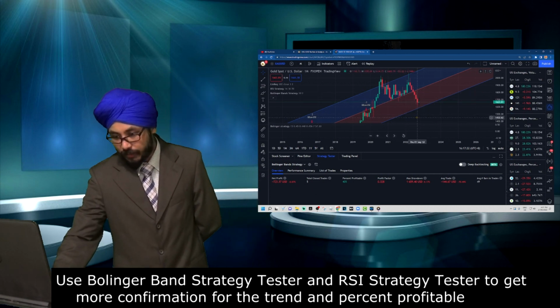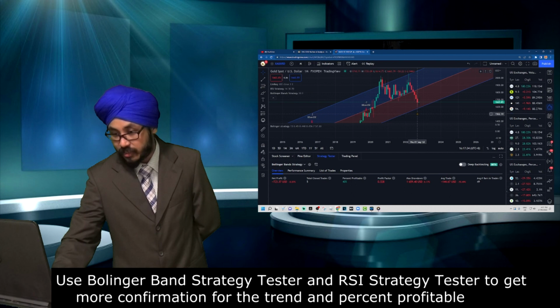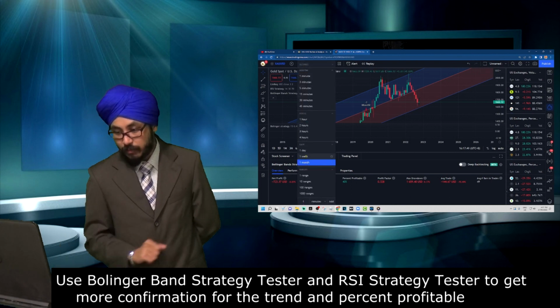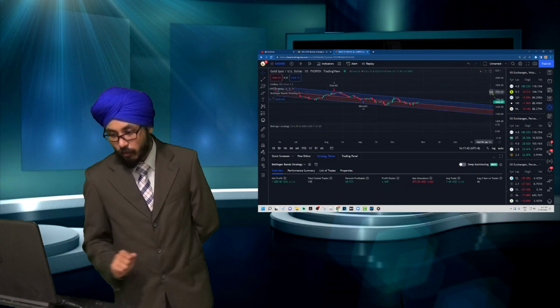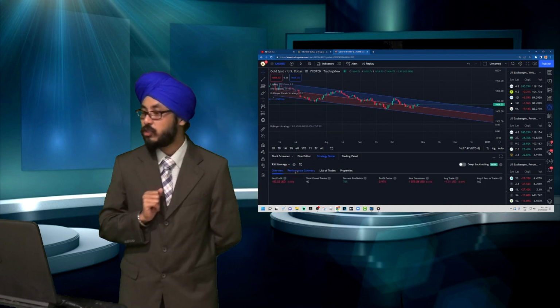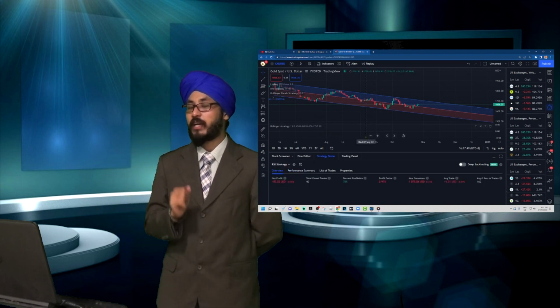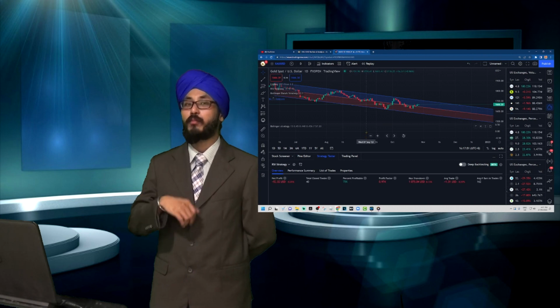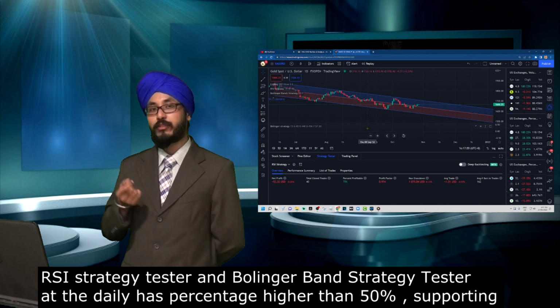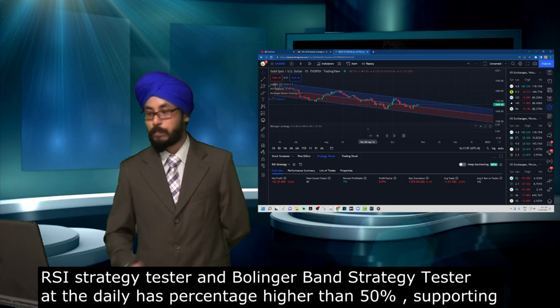If you can see over here, I'll use firstly the RSI strategy tester. As I can see in the daily, my percent profitable would be at 74.47%. It's very important to ensure that your percent profitable for the RSI strategy tester and also the Bollinger Band strategy tester is above 50% so that you can know what the trend is.